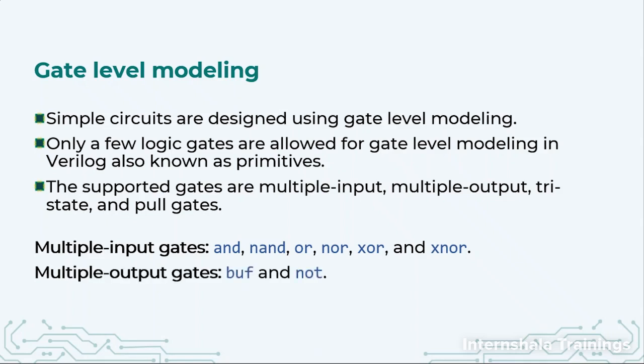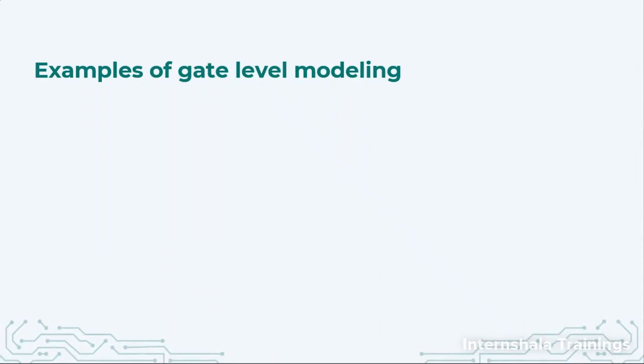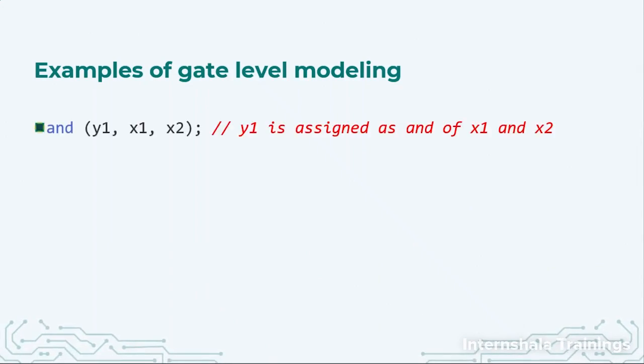Now we also have multiple output gates. That means the output of my gate can be supplied to multiple different places, and these are buffer and NOT gate. Let us talk about some examples now. Here I say AND, that means I am going to take AND, and the first port will be my output port.